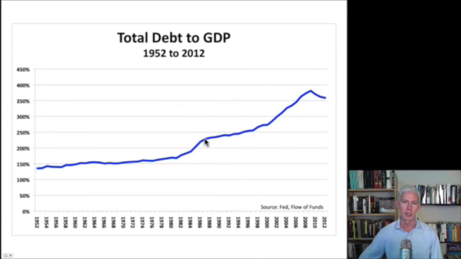And so the overall debt of the country rose to 230% of GDP. It stabilized somewhat, and then largely because of Fannie Mae and Freddie Mac borrowing and lending to the household sector and the surge in household sector debt, total debt of the country rose to 370% of GDP in 2007.